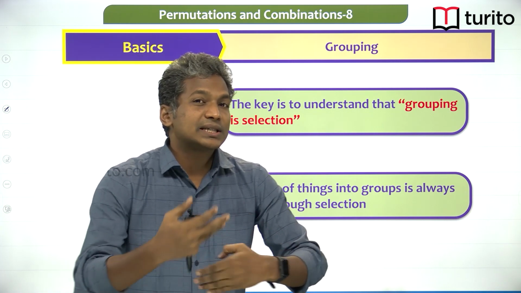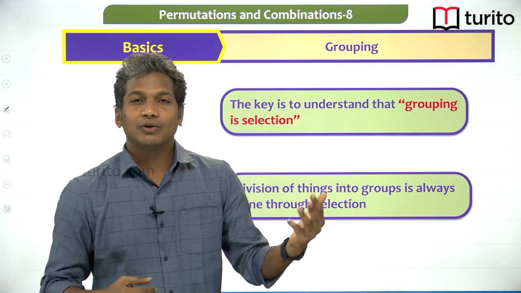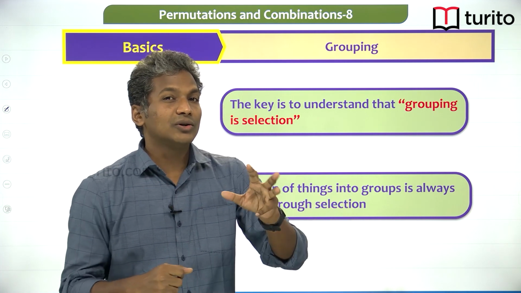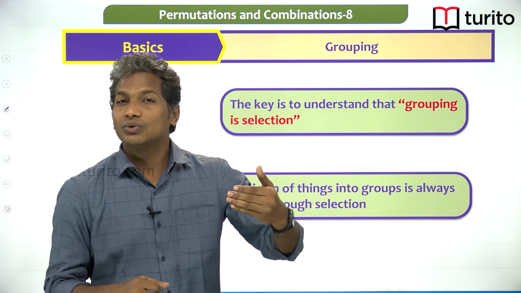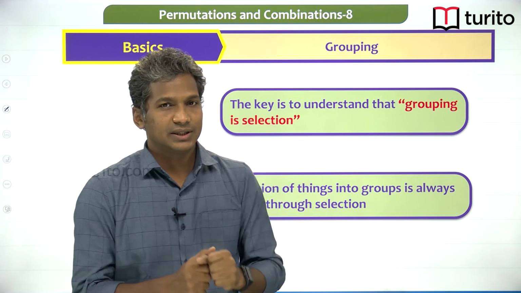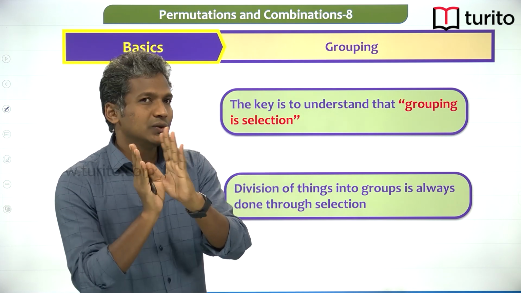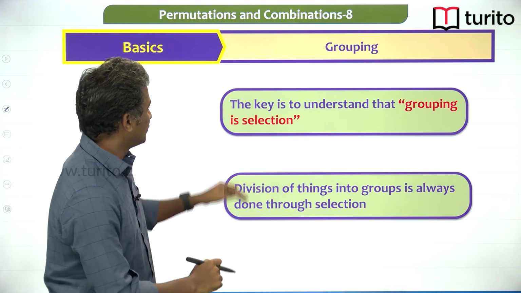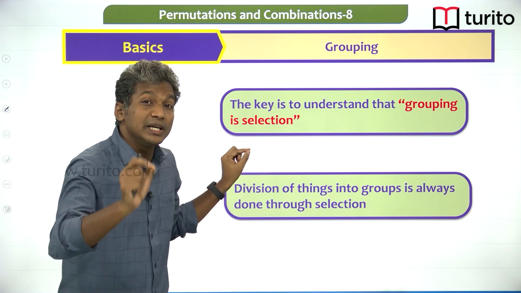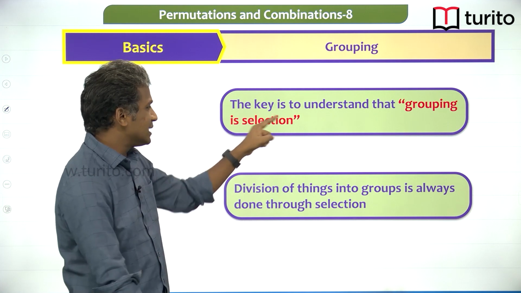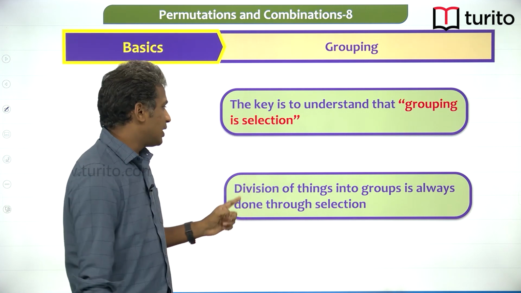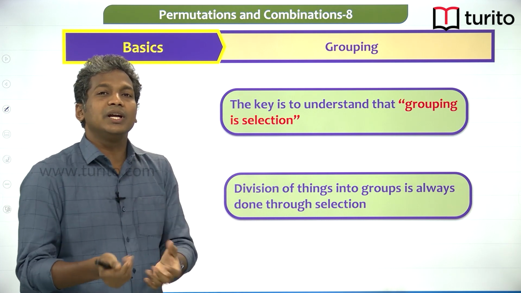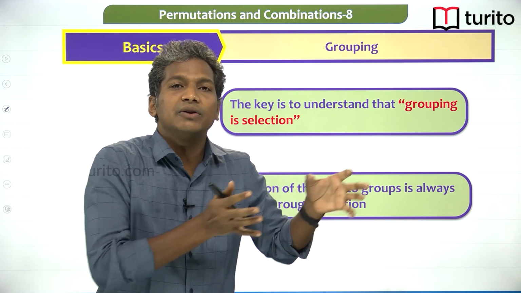So, when we select any two objects or three objects, there is a kind of symmetry because order of selection is not important. So, we divide with certain factorials. You recall that idea? We are going to use the same idea here and we are going to progress. Okay. So, before that, please note that grouping is basically selection. So, when we are performing division of things into groups, basically we have to select objects and form the groups.